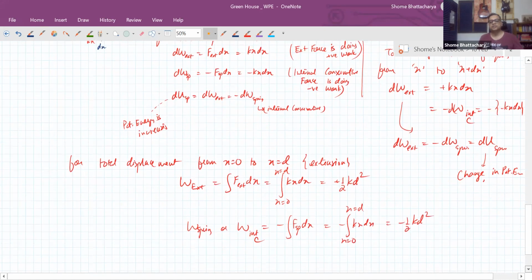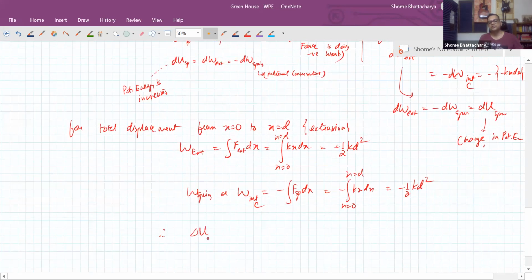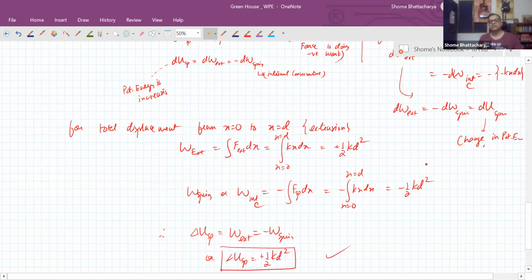Okay, and therefore you can see that the change in potential energy of the spring will be equal to the work done by the external agent, which is equal to negative of the work done by the spring force, which will be equal to plus half kd square. So these are each of these terms.